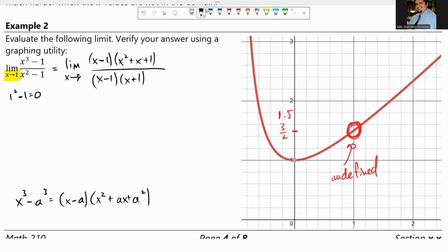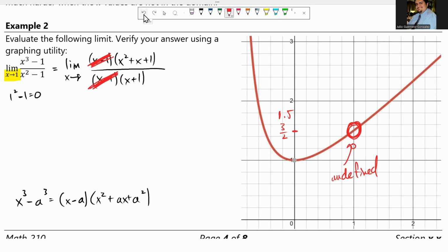Now, hopefully you guys remember this from our previous sections. In our factorization that we just did, we have an x minus 1 on the top and an x minus 1 on the bottom.